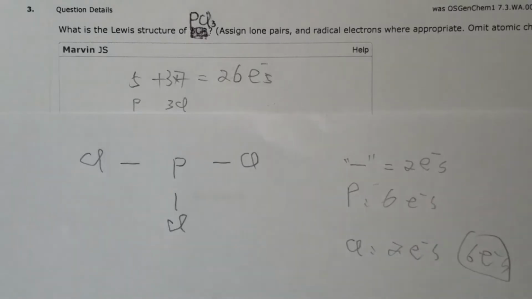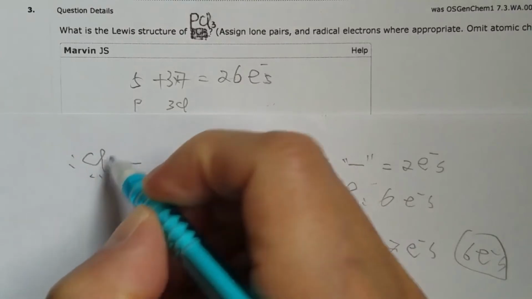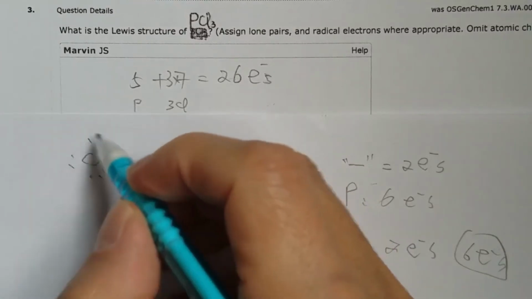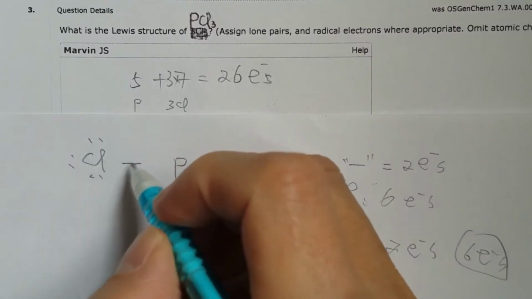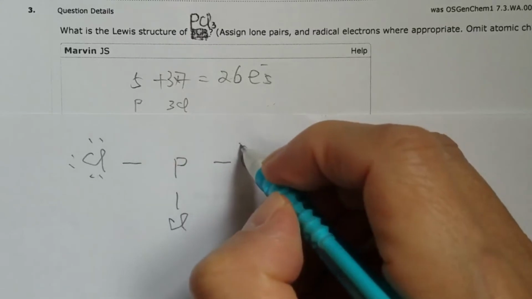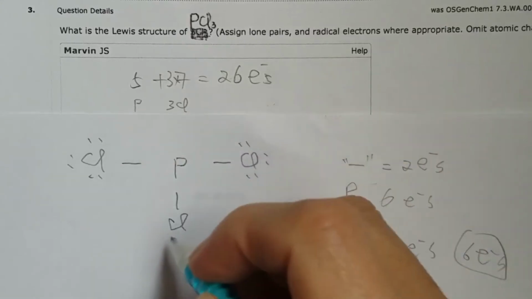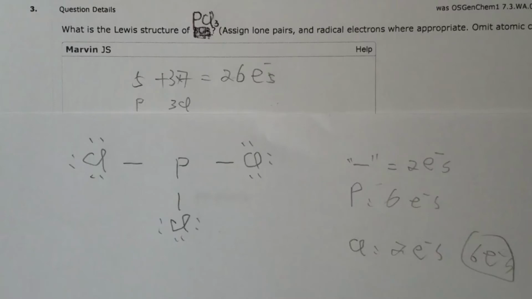Now let's assign those electrons. That's 6 already, is that right? 3 lone pairs, that's 6, plus the 2 bonding electrons, that's 8. Same thing for the other 2 chlorine atoms.